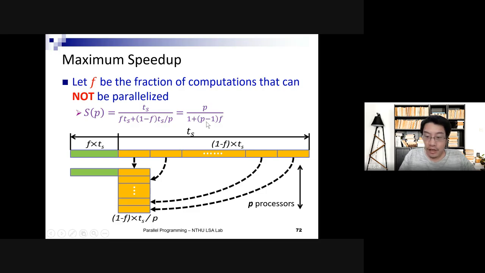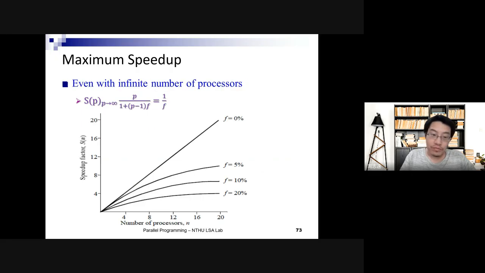Okay. So how can this equation be used, or what does it mean? What it means is what we stated before, a fact that we often observe in practice in the real world.